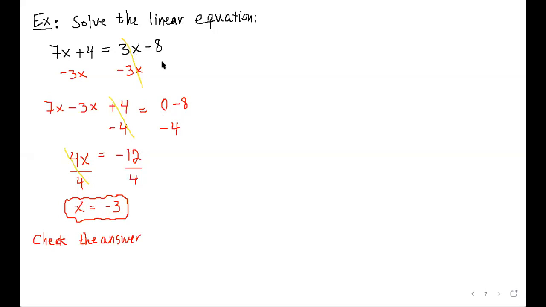So let me check from the left-hand side. We plug the -3 inside this equation. What does that give me? 7 times -3 plus 4. What is the answer?